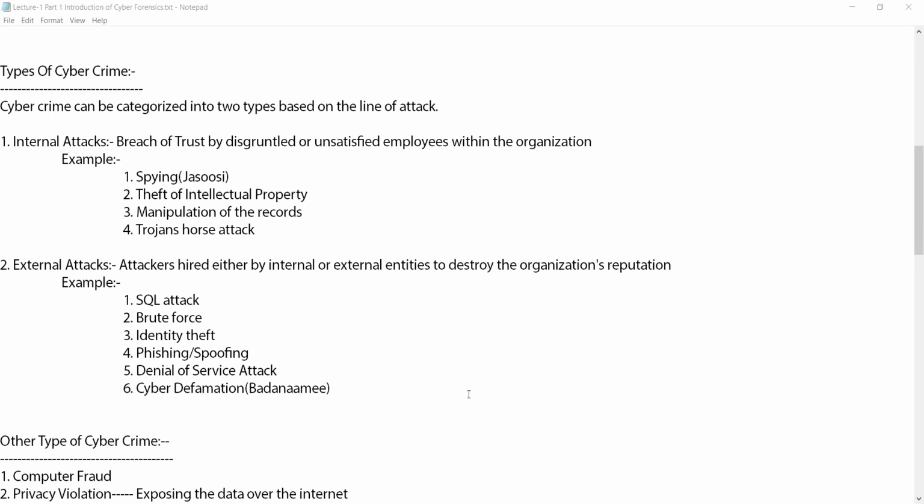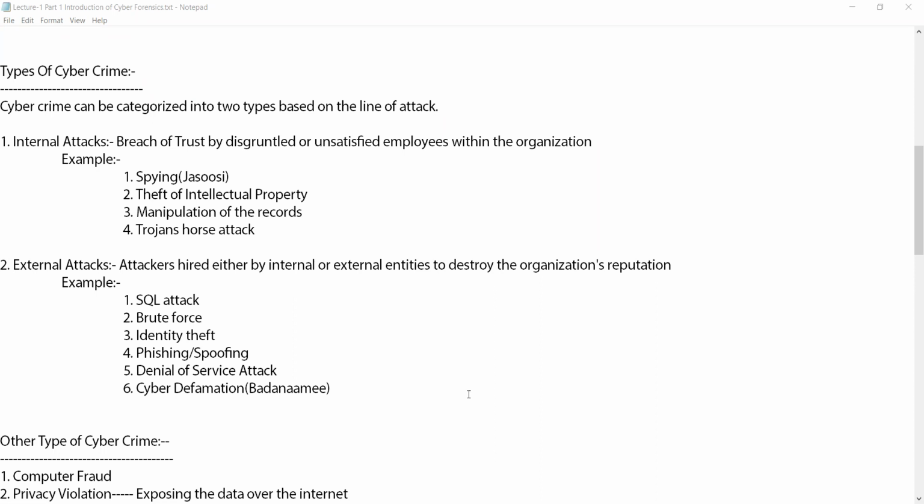They can also use a denial of service attack as an external entity, using a botnet. If the cyber criminal uses this type of attack, the server will crash and face different types of destructive activity. The last one is cyber defamation, called badnami in the cyber world.